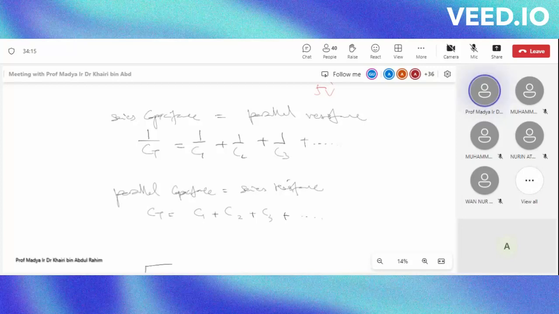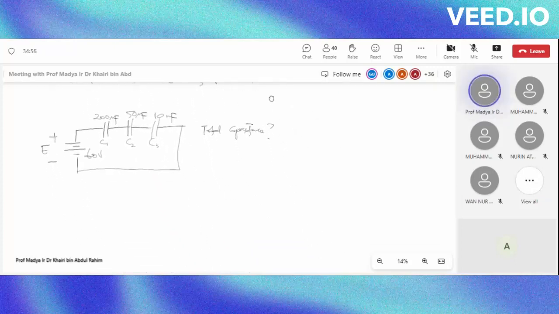Okay, try this. 200 microfarad. Okay, so farad is the unit. 50 and 10 microfarad. So just simple, what is the total capacitance?